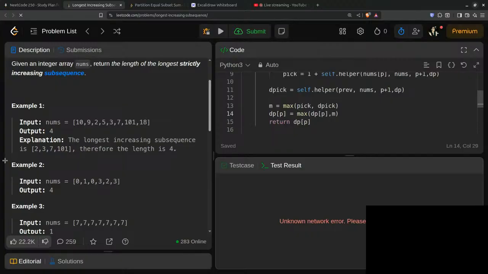But the problem is, let's say I equals 1 or I equals 3, the longest increasing subsequence value should be whether I include the next.